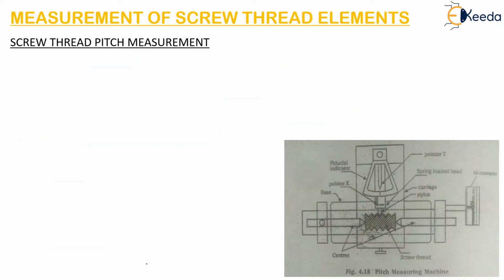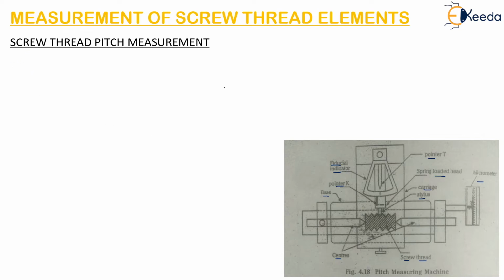Here these are the different parts which I have mentioned: fiducial indicator, pointer K, base, centers, stylus, a carriage which is carrying the whole instrument, spring loaded head, pointer T and micrometer. And this is the screw thread whose pitch has to be measured.